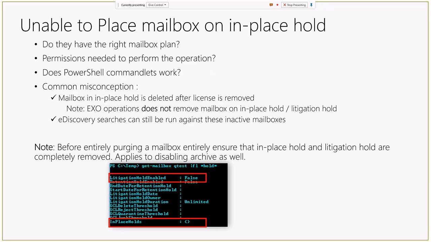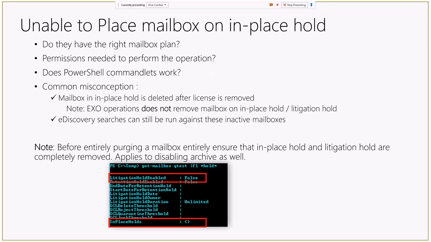Some of the common misconceptions, we talked about it. If a mailbox is placed on in-place hold and is deleted, what happens? Does it get deleted? No, we don't remove the mailbox. This is what we talked about in managing inactive mailboxes. We don't remove the mailbox because you've asked us to place it on hold, so that's key there.